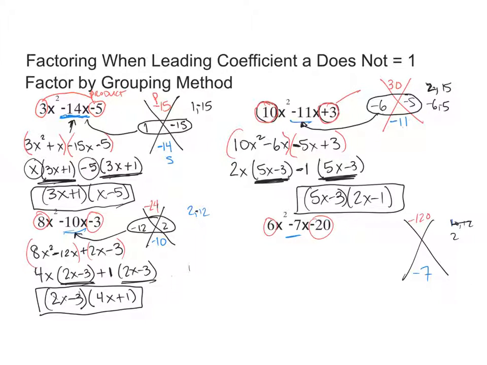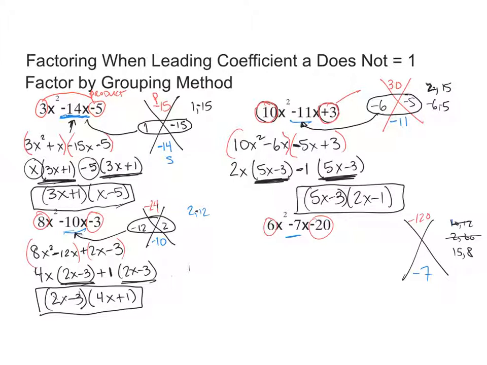If you try 2 and 60, they will multiply to equal negative 120 with a negative on one or the other, but you can't get that sum. It's going to end up being 15 and 8. You can keep guessing at different values, but I'll go ahead and tell you that it's 15 and 8. That's probably the hardest part of this problem, listing all the ones that you have to try. It's just trial and error, guess and check, however you want to call it, but that's where you end up.